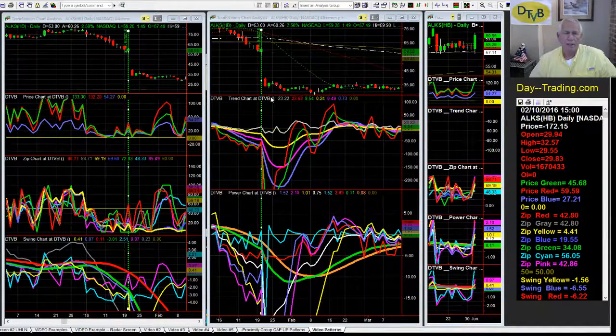The third area is the proximity group, or the power 4, which is the pink, blue, white, and yellow lines in the power chart, and power Zion, the 5th line. And we get significant movement when power Zion is opposite of the power 4, and it can be opposite in 2 ways. It can be down when the 4 are up, or vice versa.